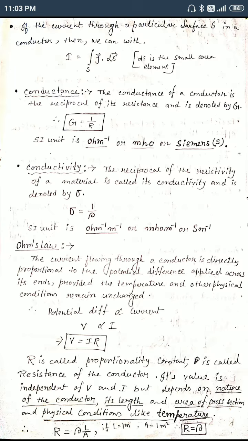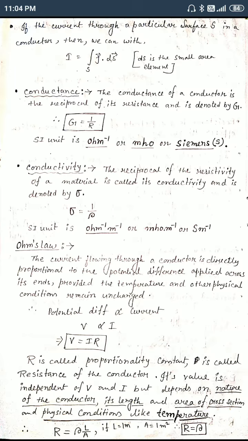You know what happens inside the conductor when the temperature increases? Resistance increases. It is directly proportional to the temperature. If temperature increases, resistance also increases. But why does the resistance increase?